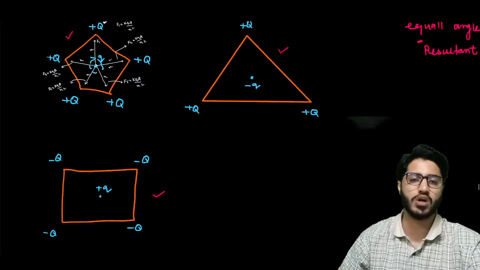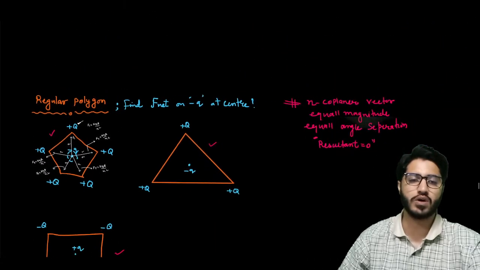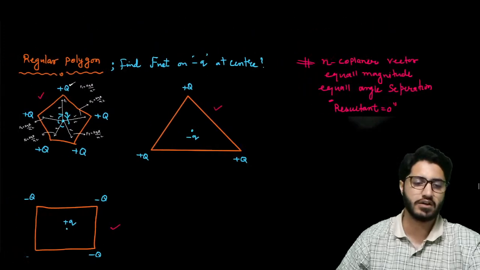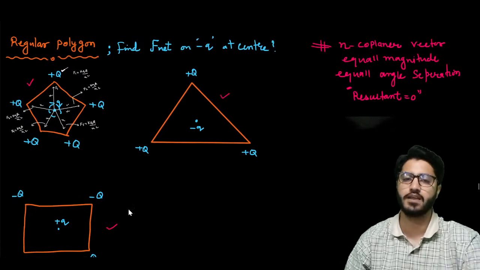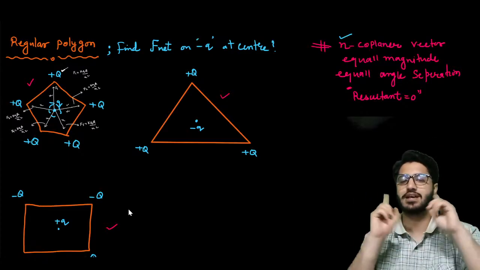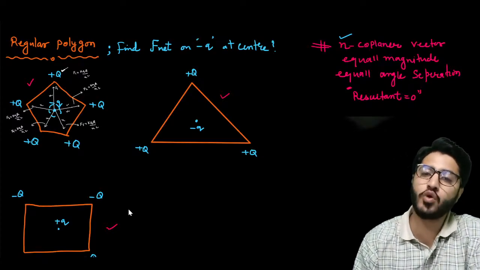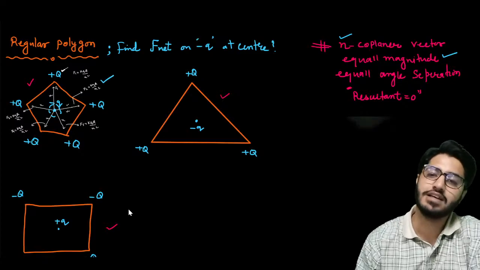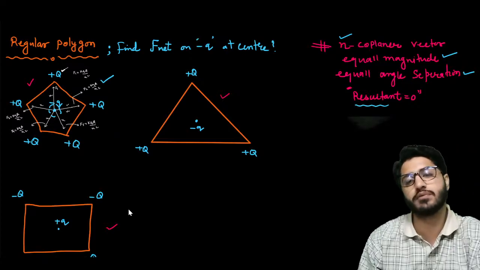If we have n coplanar vectors, that means these are from only one plane, with equal magnitude and equal angular separation, then the net resultant force will be equal to 0.